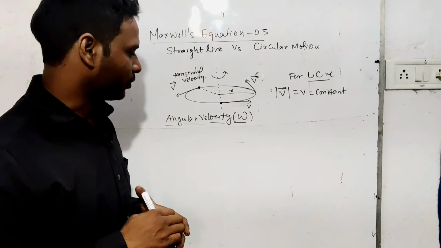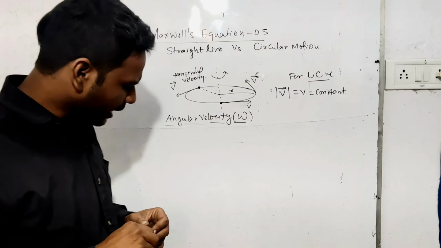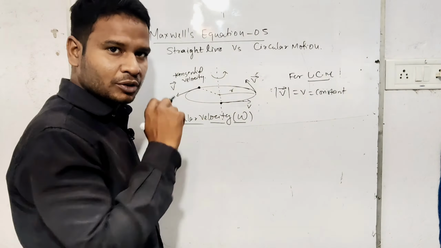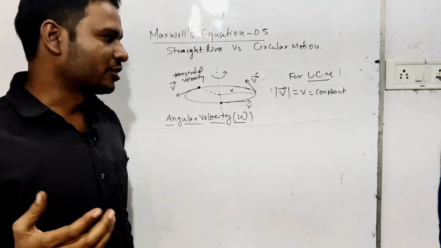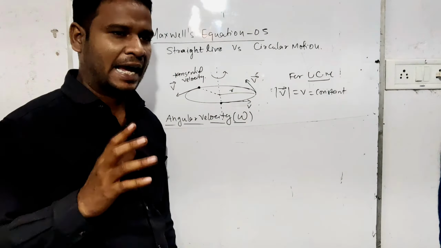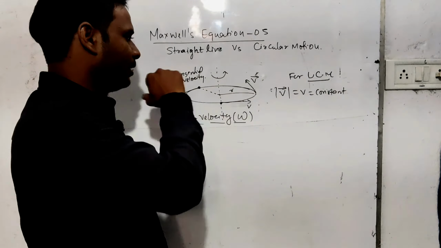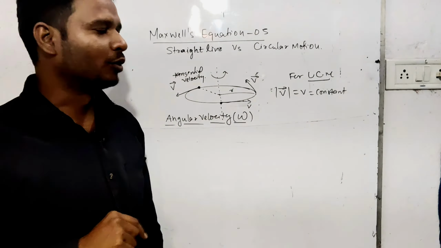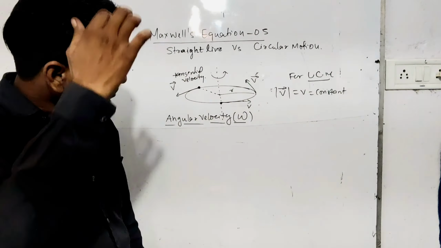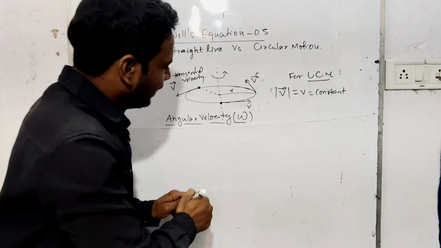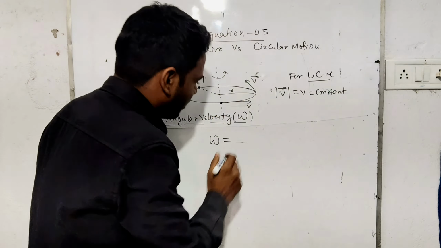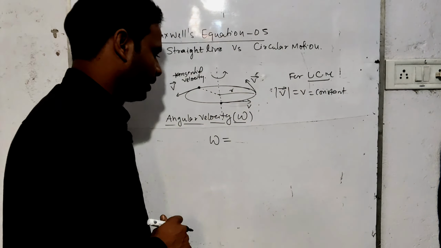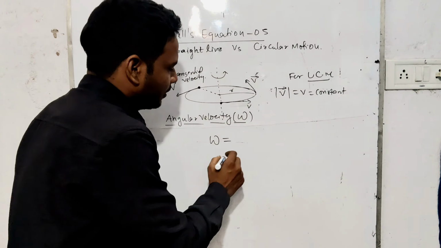What is angular velocity? Angular velocity is not measured in terms of linear displacement. It is measured in terms of the angle the point mass traces when it revolves around this axis. It is defined as omega. This letter looks like w, but it is called omega.